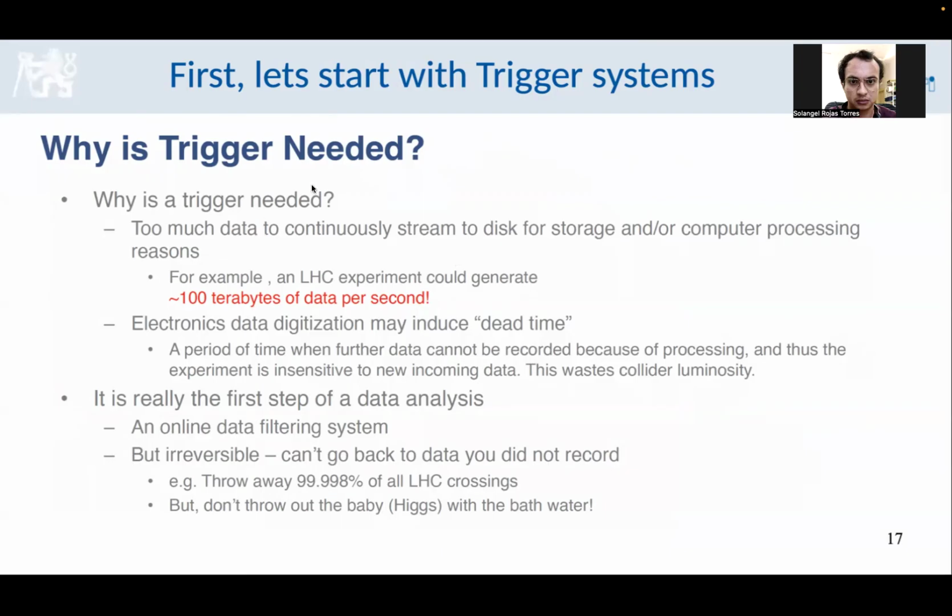So first, why is the trigger needed? Normally you can have a large amount of data, especially for collision experiments, and you don't want to store things that are not interesting, or trash, or background.